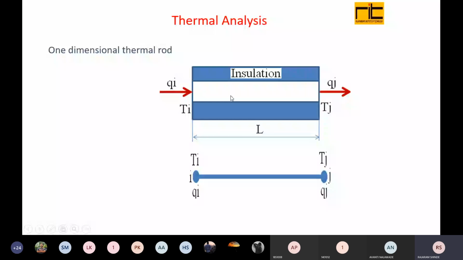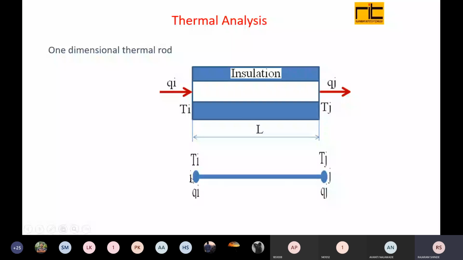Which is subject to conduction only. Conduction only, there is no convection. That means there is no heat flow from this surface. We have to analyze the conduction only, because of the insulation. Next, here it has also two nodes.